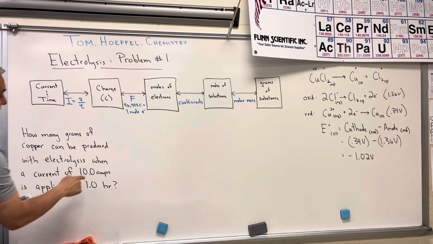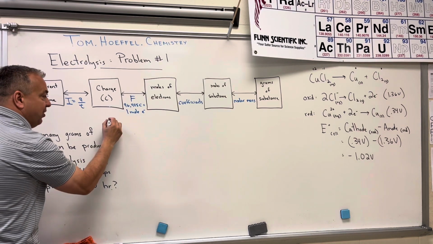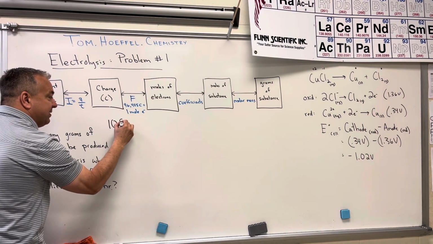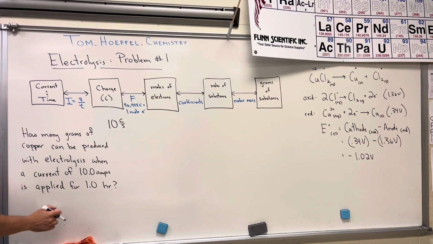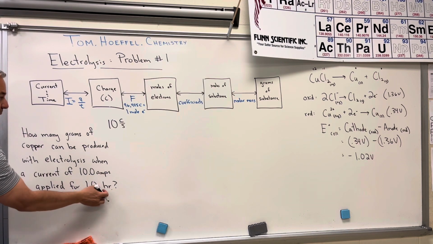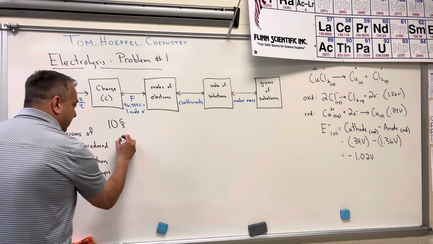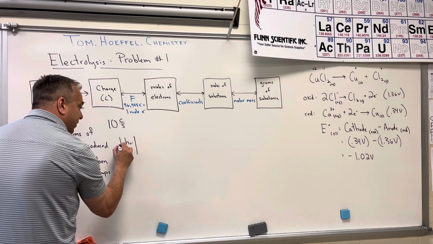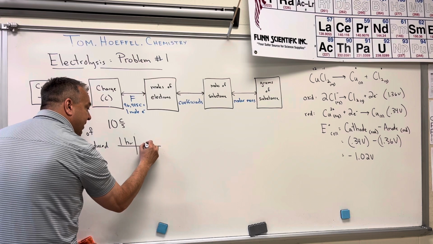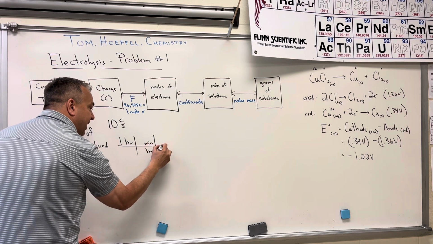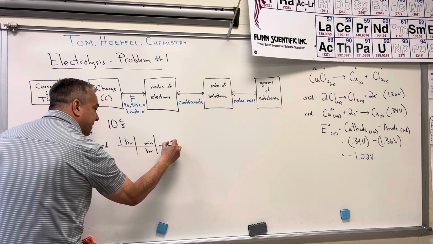An amp is the same thing as a coulomb per second. I want to put this 1 hour into seconds, and I'm going to use some dimensional analysis to do that. I'm going to convert the hours into minutes and then the minutes into seconds.